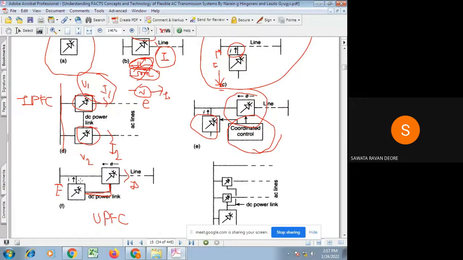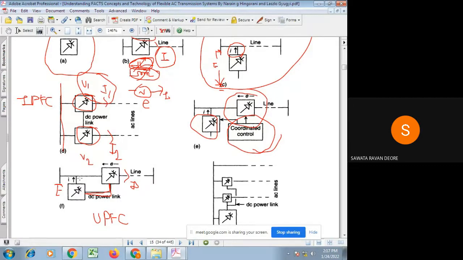But real power flow is unidirectional: either this converter takes real power from the line and feeds it to the common DC link, and then this converter takes it from the common DC link and injects it into the transmission.